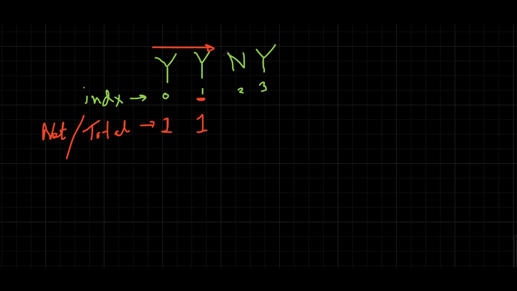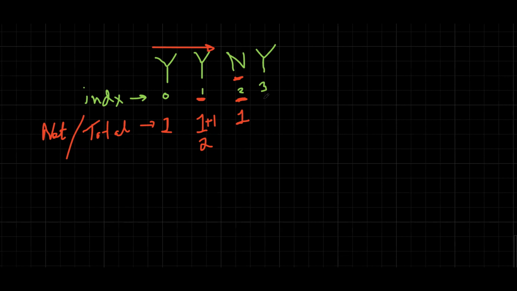But for the entry N, the net profit will go back to 1, because in the previous case the net profit was 2 due to 2 consecutive Y, but this one is an N. So as the shop is open but no customer arrives, the net profit is reduced by 1. So the net profit goes from 2 to 1.